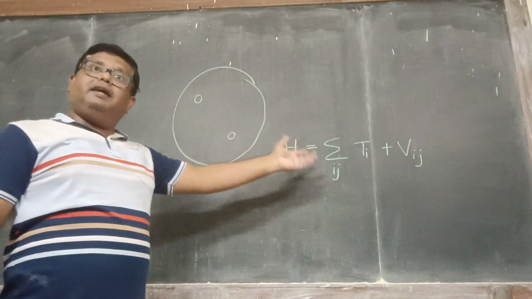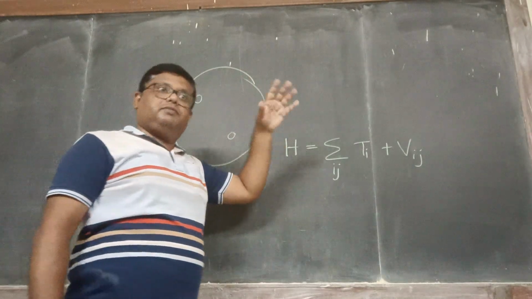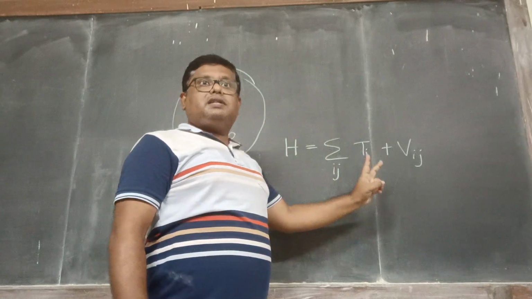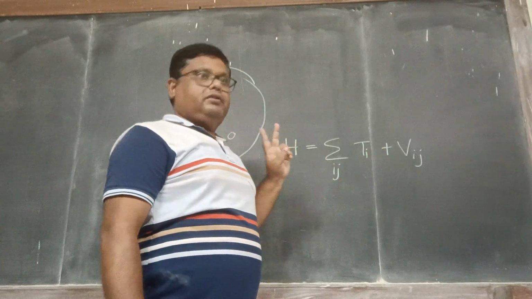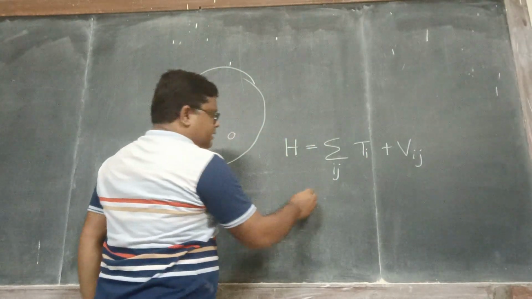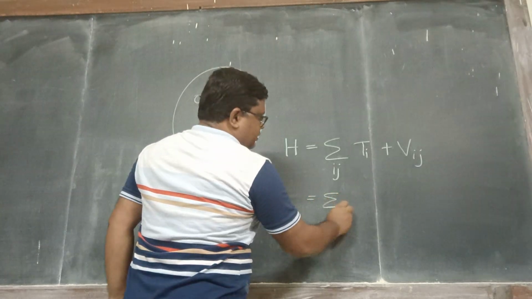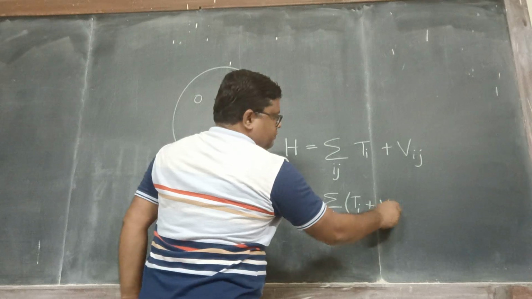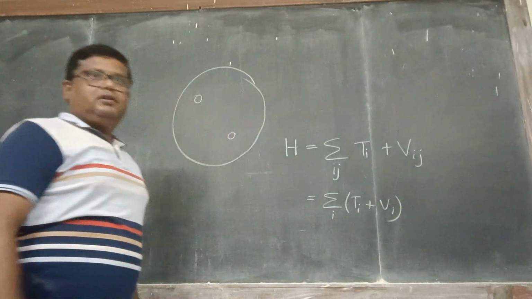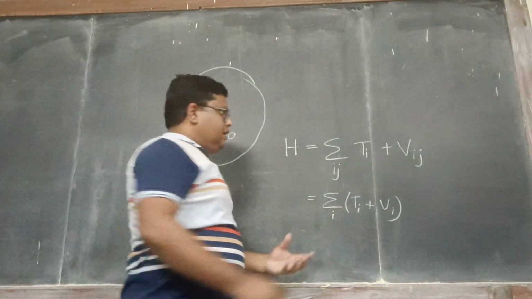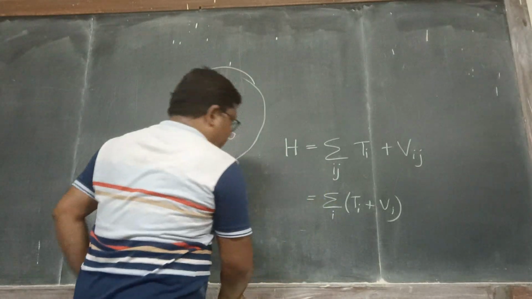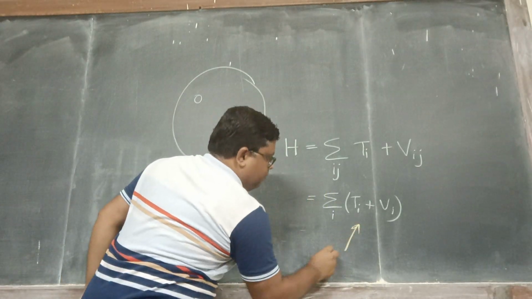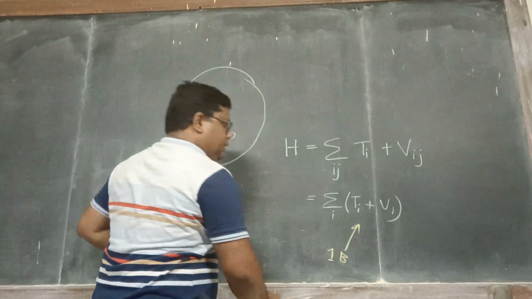Here I am neglecting 3 body terms, 4 body terms and other terms. I am just taking only the 2 body interaction. Next, I considered the single body term, Ti plus Vi, so this is your one body term, 1b.